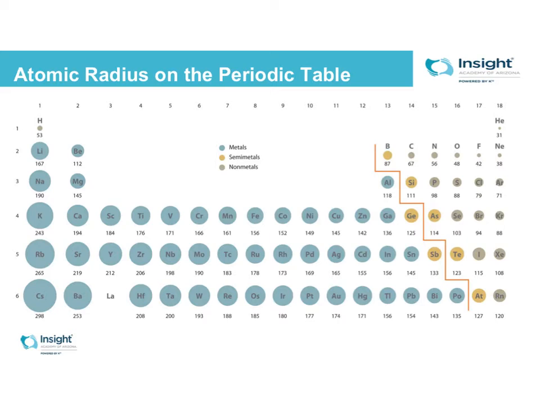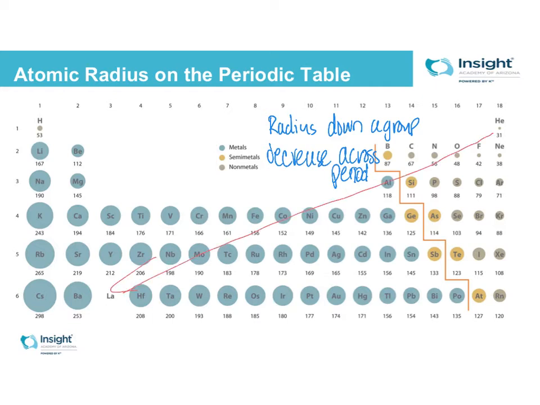All right, so radius increases down a group, but decreases across a period. Or you can think of it, radius increases in this direction, down and left.